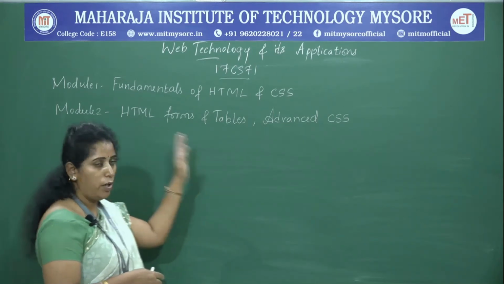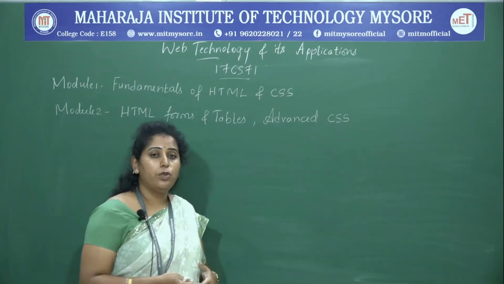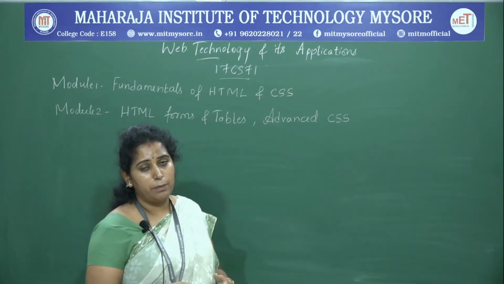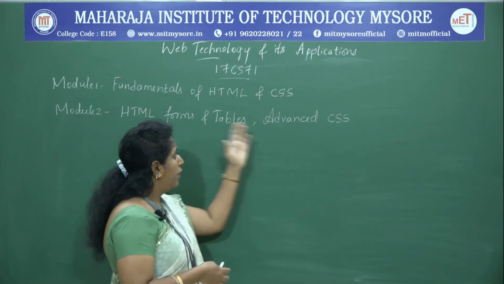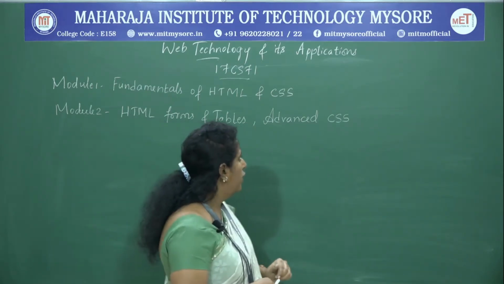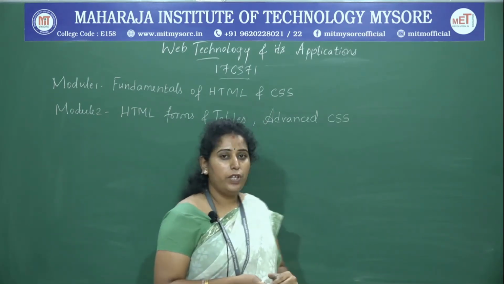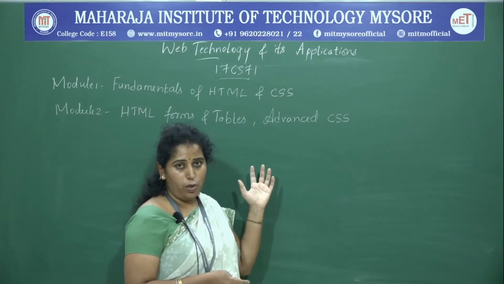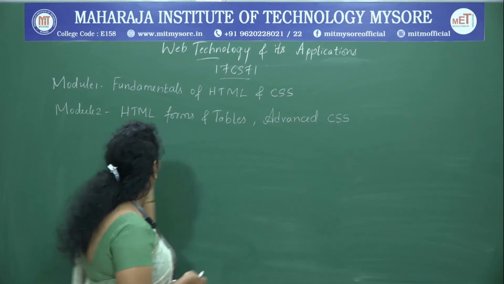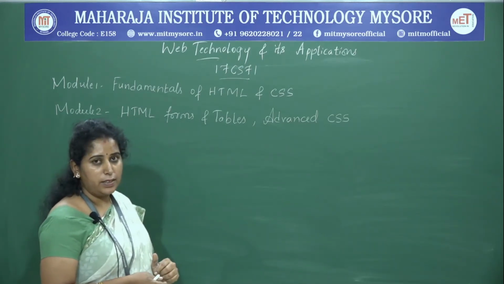Chapter 1 is about forms and tables, where you will learn how to access forms and tables and how to control them. The second chapter of module 2 is about advanced CSS. There you will learn about layouts of CSS, frameworks of CSS, and so on. So this is all about HTML forms, tables, and advanced CSS.